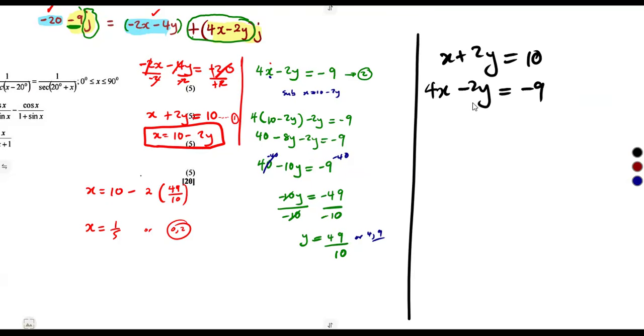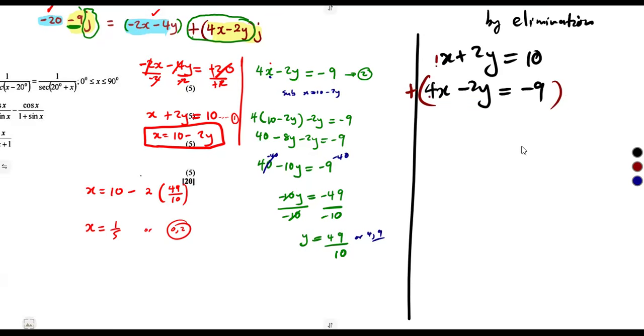Positive 2, negative 2. What we just need is to eliminate. So what can we do, guys, to eliminate the part of y? Are we going to add or are we going to subtract? The signs are different, so we are going to add in order for us to eliminate. So whatever sign that you have used here must be used throughout.